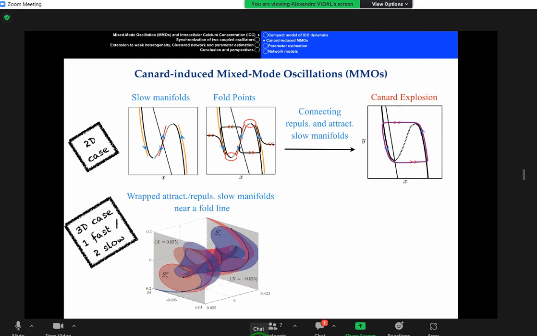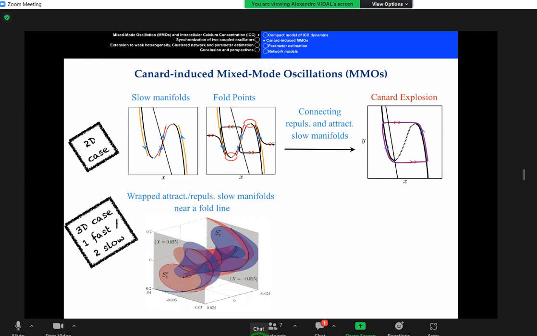In the 3D case, with one fast variable and two slow variables, we have exactly the same thing, but we have slow attractive and repulsive manifolds that are not only lines or curves, but 2D manifolds in a 3D space. And what happens close to the folded singularity here is a wrapping of the attractive and repulsive slow manifolds near the fold line.